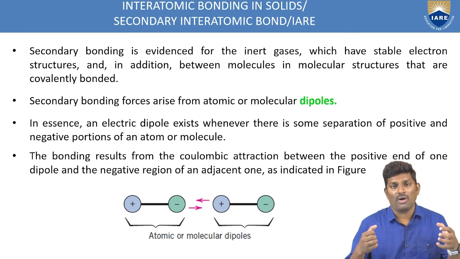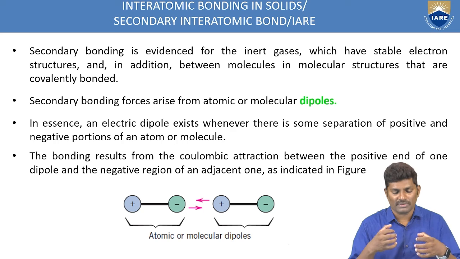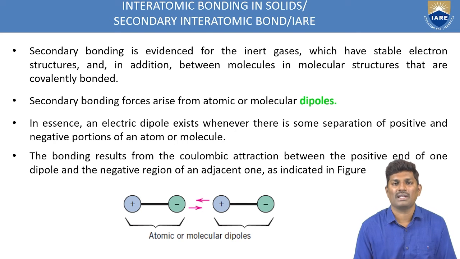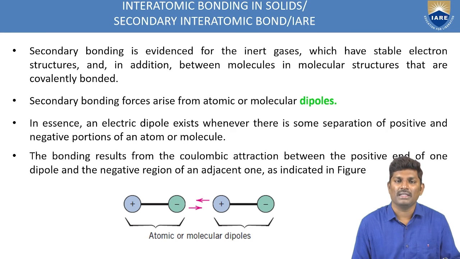That means the bonding between the elements is very less, so that's why it is very weak. That is why you are getting low bonding energy values in the secondary bonding. Because of this dipolic nature in the secondary bonding, there is a weakness in the bonding energy. That's why the elements which have the secondary bonding are neglected and only the primary bonding is taken into consideration.